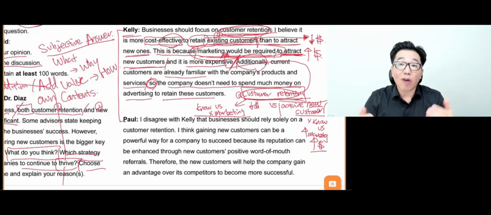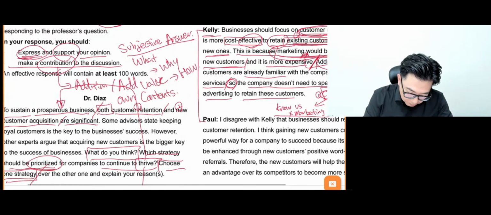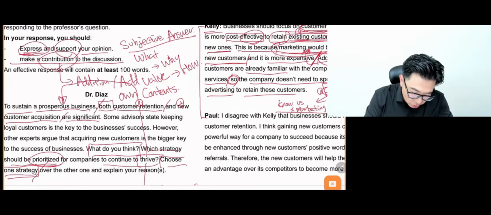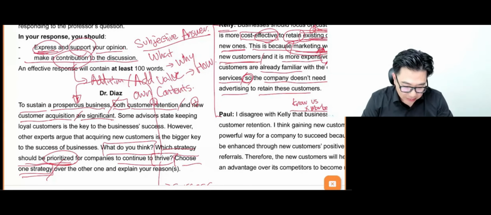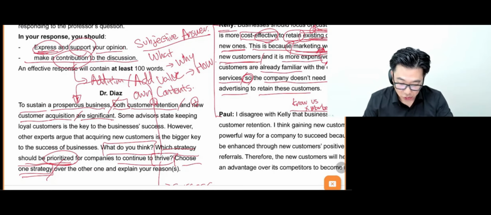Your answer is the right answer if you support it well and made good contribution to the discussion. And your answer is not wrong, never wrong, but not a very good one if you cannot support it well and you didn't really contribute well to this discussion, okay?